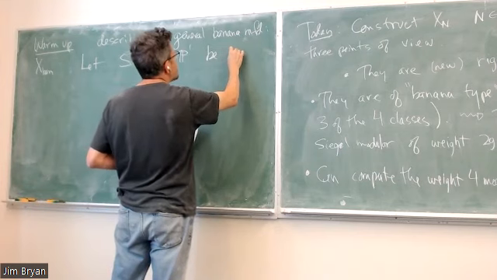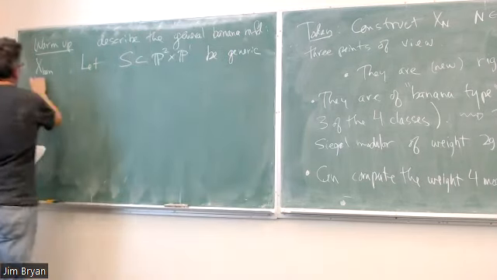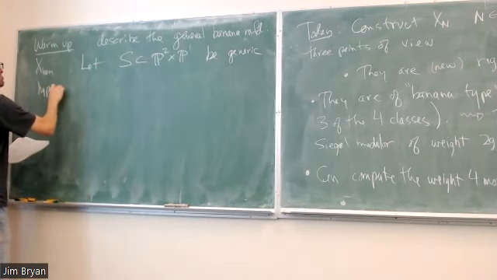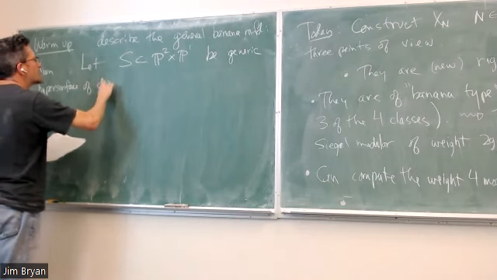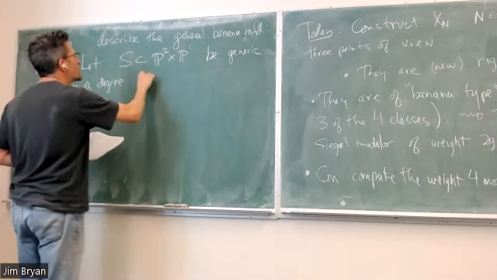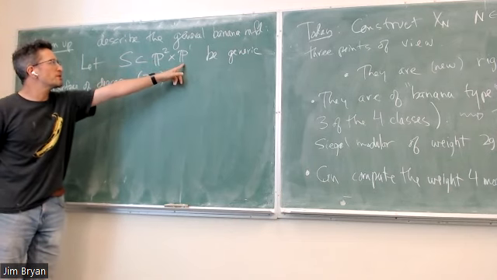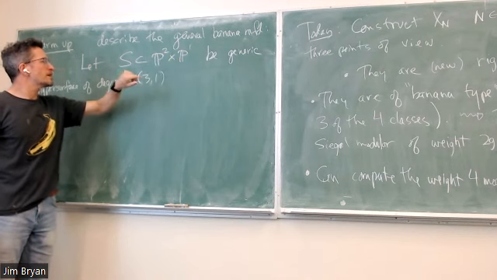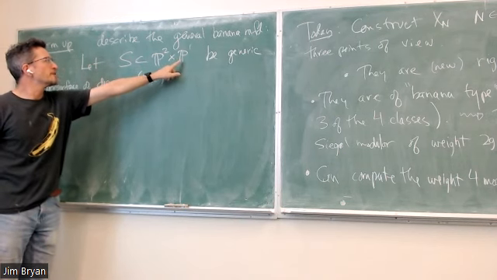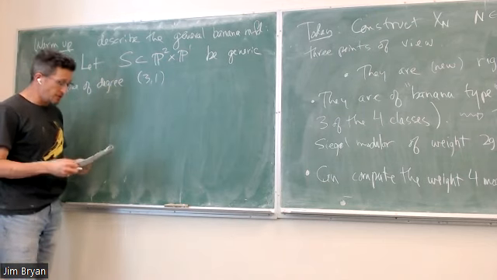So this is B, the generic hypersurface of degree 3, 1, right? So I'm sitting inside of P2. I've got 3 variables. Inside of P1, I've got 2 variables. The equation cutting this out should be linear in these variables and cubic in these variables.